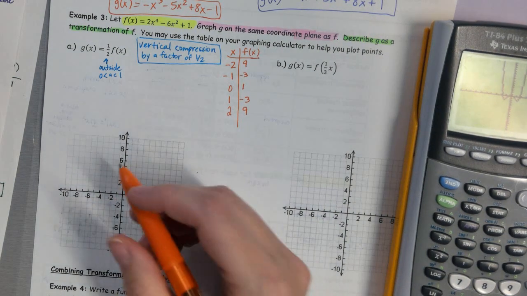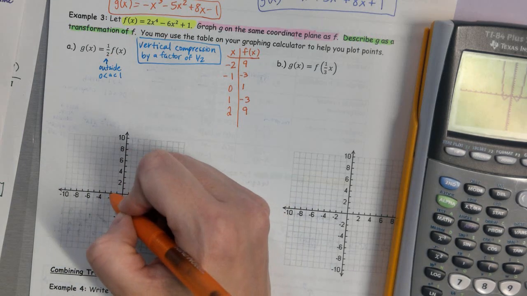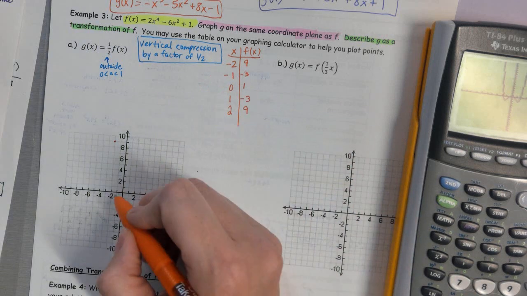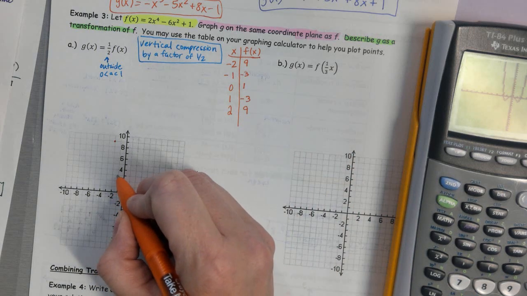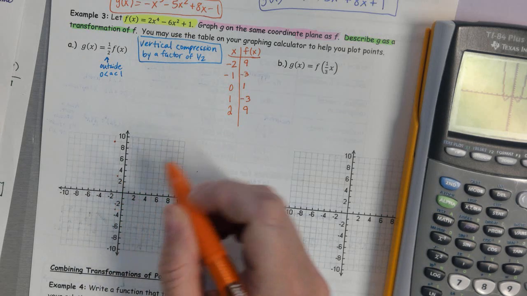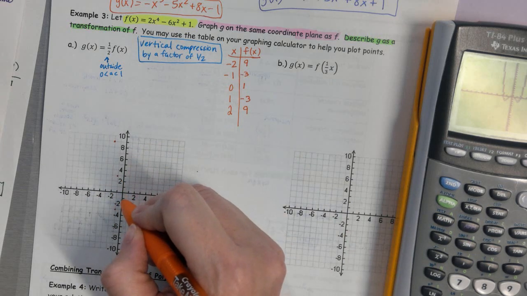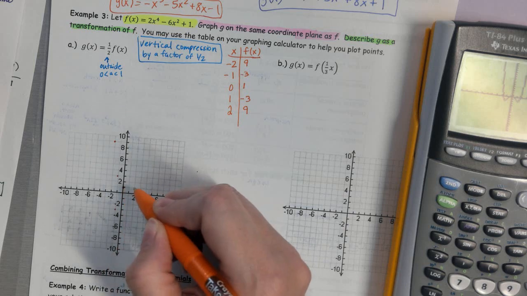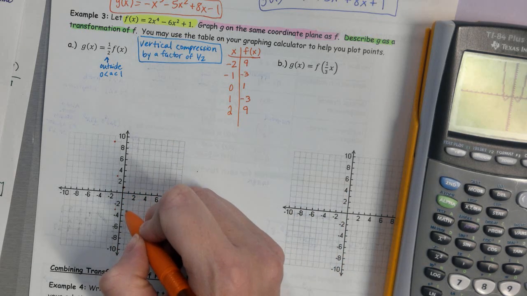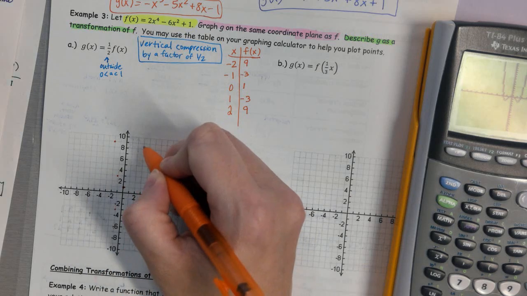All right, so we're going to go ahead and graph this. And we do want it to span the graph. This one is going to. So -2, 9, -1, -3. And then 0, 1, 1, -3, and at 2 and at 9.